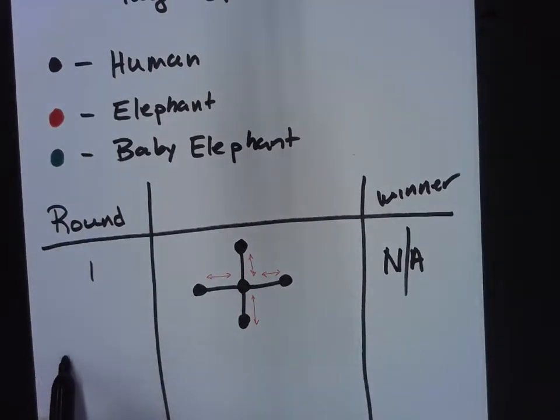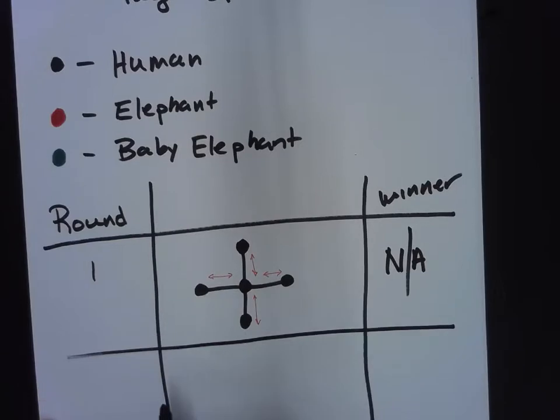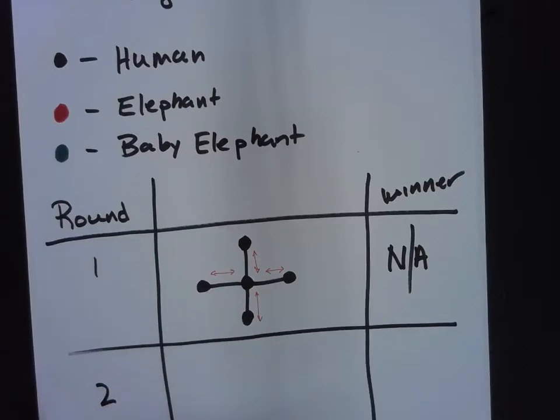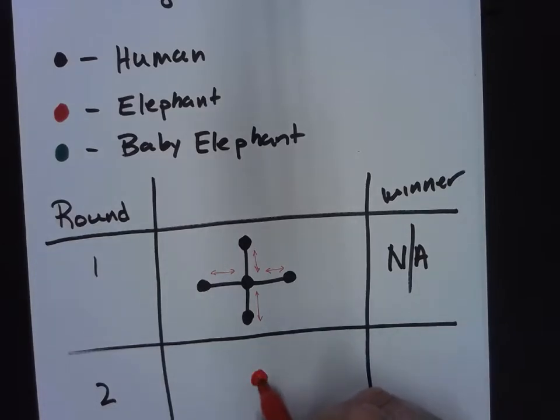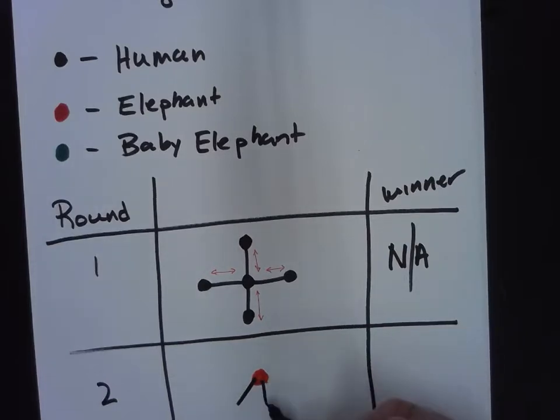Round two. Round two is going to include an elephant, and 3 humans. And let's go ahead and assume this is a full-grown giant elephant.